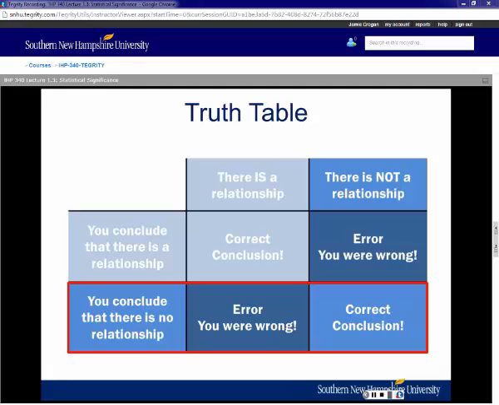But if I said there's no relationship and everyone else comes along and says, oh no, we found one, then I know I was wrong. This kind of error is called a type 2 error. So when you conclude there is no relationship, you risk a type 2 error. When you conclude there is a relationship, you risk a type 1 error.